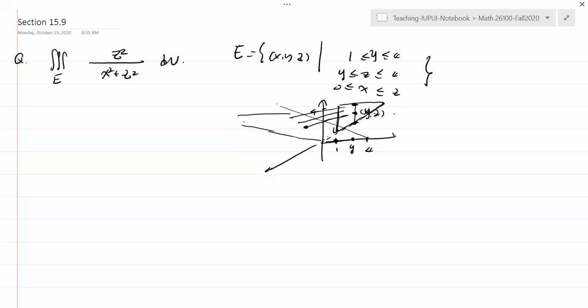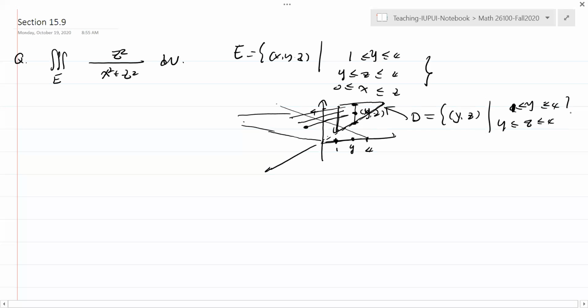So how can I set up the integral? I can call this one D. D is going to be in the y-z plane, where y is between 1 and 4, and this is a triangle, with z between y and 4. For each point y, z in D, my x value is between 0 and z.